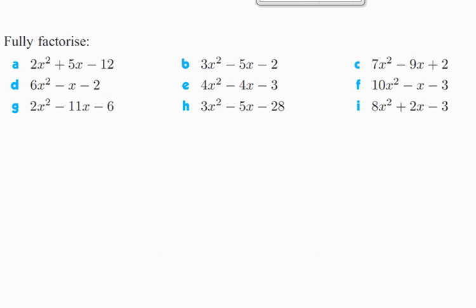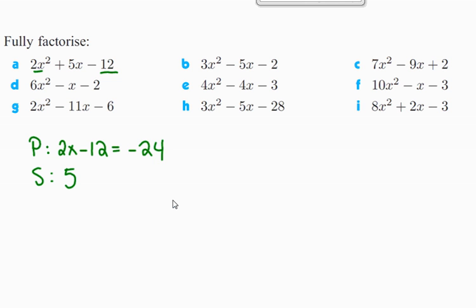Okay. Just some more practice with decomposition then. So if we look at letter A, if we want to fully factorize that, our product is going to be 2 times negative 12, which is negative 24. Our sum is going to be 5, just because that's the coefficient of x.